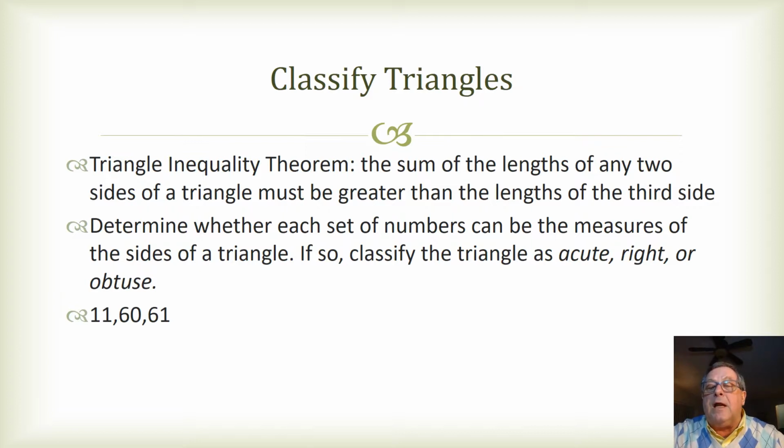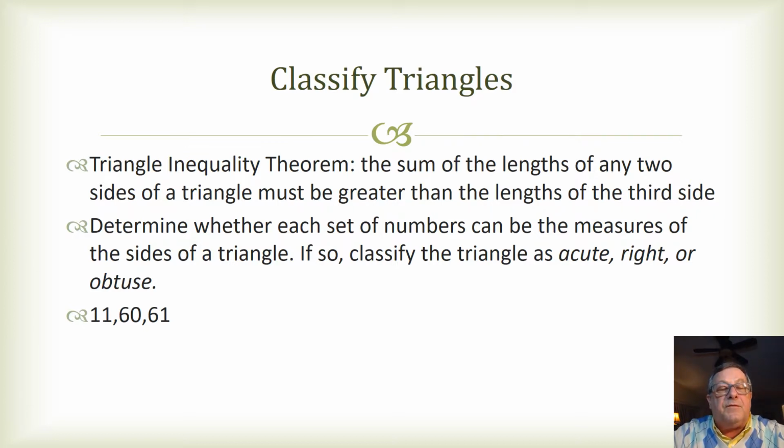And if that's not the case, we don't have a triangle. In other words, they're not going to all connect at the various vertices. So as we're classifying triangles, first we're going to try to determine whether these sets of numbers can even be a triangle. And then if it is, we're going to classify it, whether it's acute, right, or obtuse.